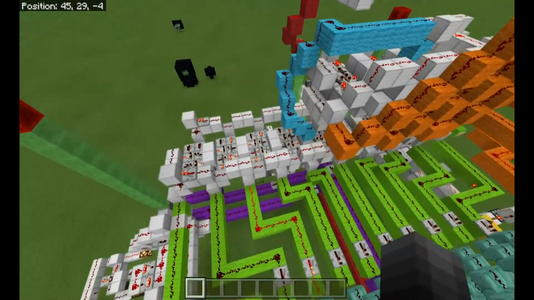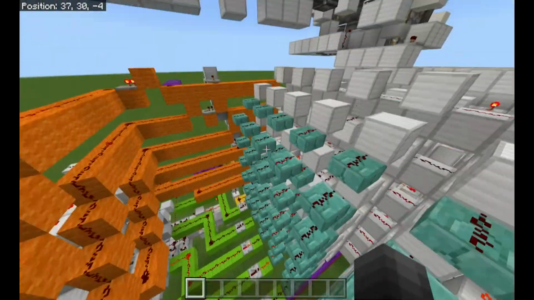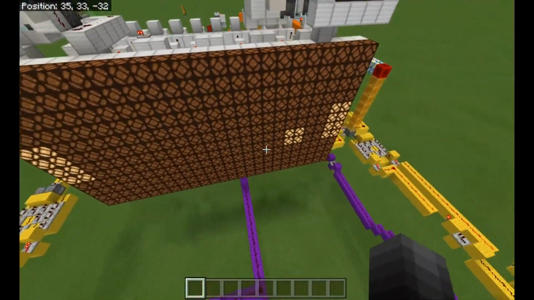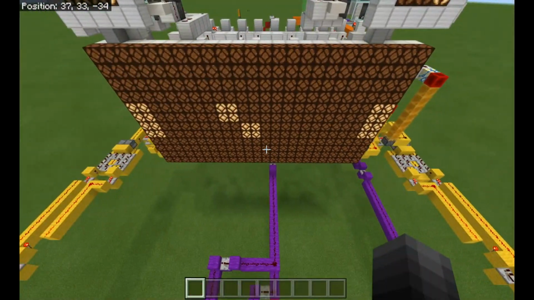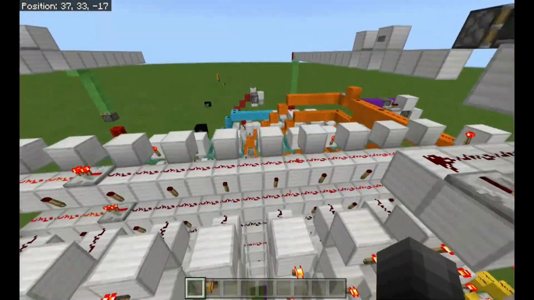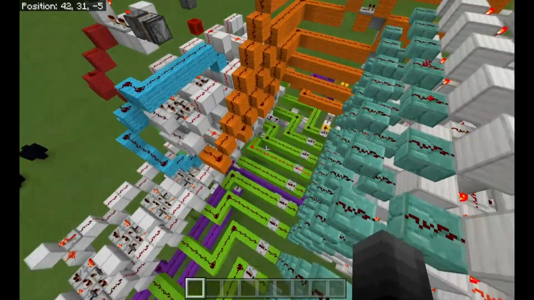The basic idea here is there's only two numbers you need to worry about, which is the x and y coordinate. The x coordinate is left to right on the screen, and the y coordinate is up and down on the screen. Those are the only two things you really have to worry about to get the ball.